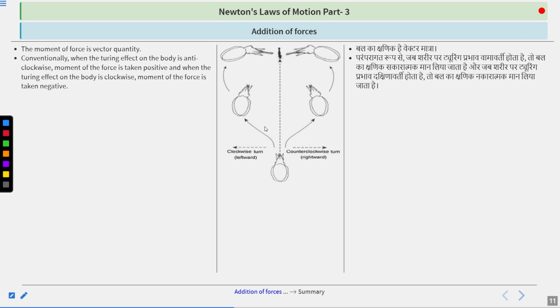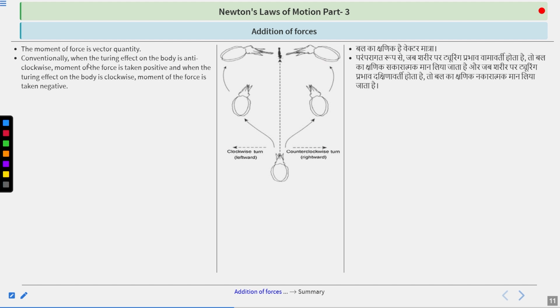Whenever you look at your clock, you will never find that it is moving in the rightward direction. The watch will always move in the leftward direction. So that's why leftward movement is known as the clockwise turn, rightward movement is known as the counterclockwise or anti-clockwise movement.